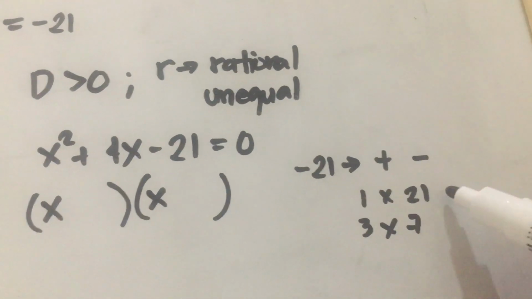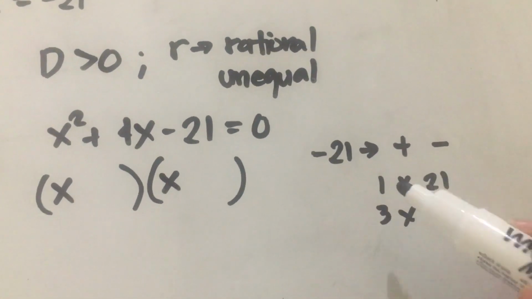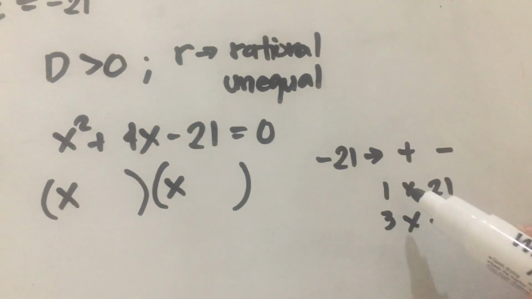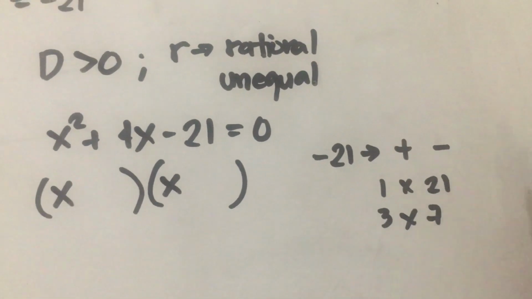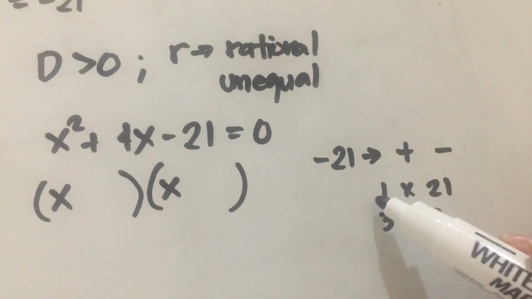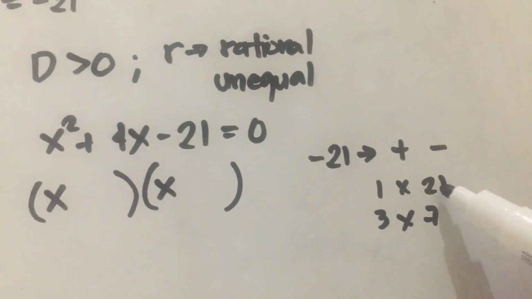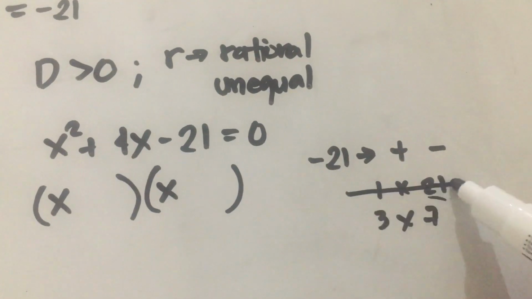So, at this point, imong tan-awon, asa nilang duha kung mag-add ka and subtract, one of them is a positive number and as well as one of them is a negative number. So, mayroon kag 1 plus 21, layo ra jud kayo, no? Mayroon kag 1 minus 21, layo ra jud kay sa 4. So, which means, wala ni siya.